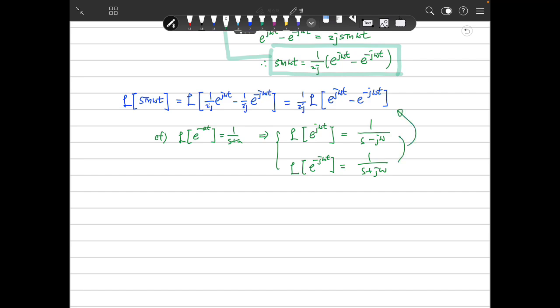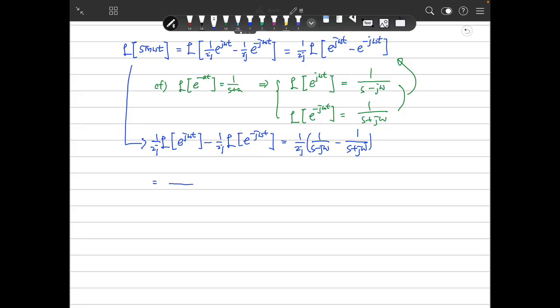So we can use it because of the linearity. That will be 1 over 2j Laplace of exponential j omega t minus 1 over 2j Laplace of exponential minus j omega t. So that will be 1 over 2j times 1 over s minus j omega minus 1 over s plus j omega.